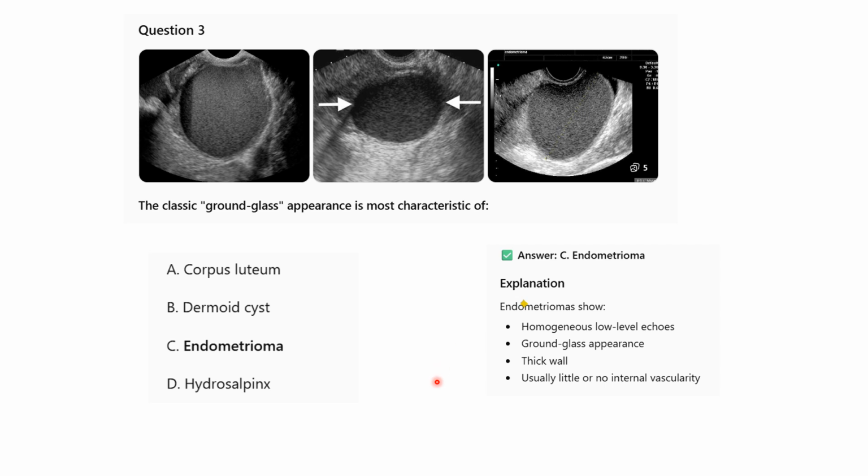Here's the explanation. Endometriomas show homogeneous low-level echoes, ground glass appearance, thick wall, usually little or no internal vascularity. So there can be little to no internal vascularity in a characteristic endometrioma, which is the chocolate cyst.